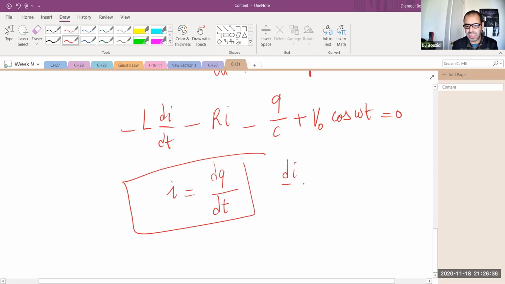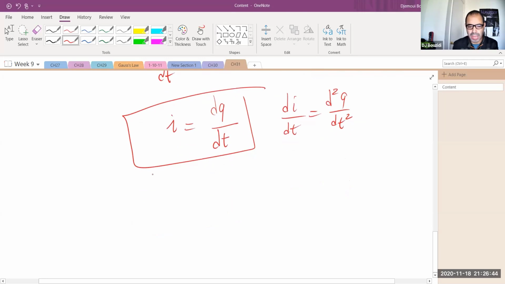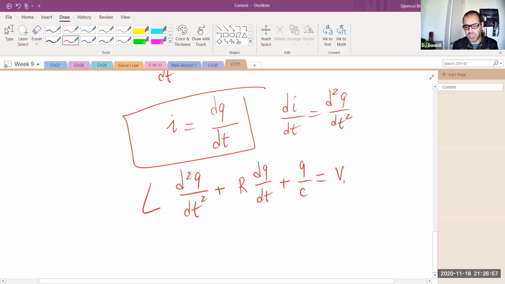So di over dt simply becomes d second q over dt second. So now the equation becomes L times the second derivative of q with respect to time, plus R times I, which is dq over dt, plus q over C is equal to the voltage times cosine of omega t, okay?